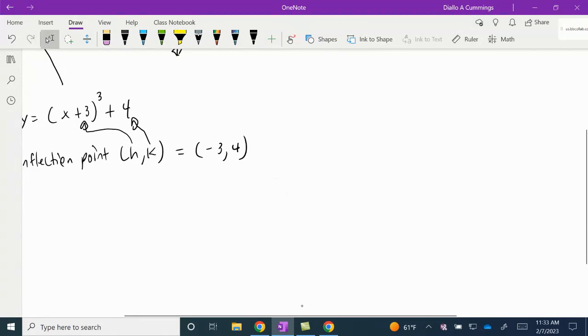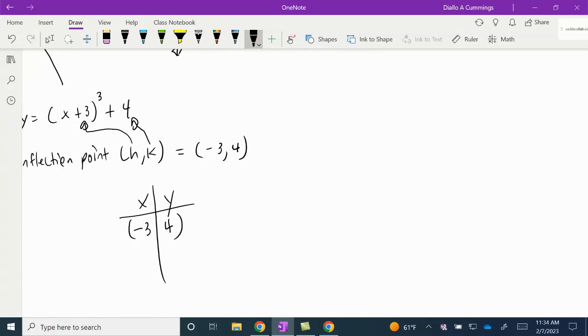What we're actually doing is making an x and y chart. When we substitute x for negative 3, we should get a value of 4, which is our inflection point, and that can be pulled from the graph, but I'll show the math behind that. We're also going to take the next point above, which is negative 2. We're simply going to plot these 2 points using that cubic graph tool.